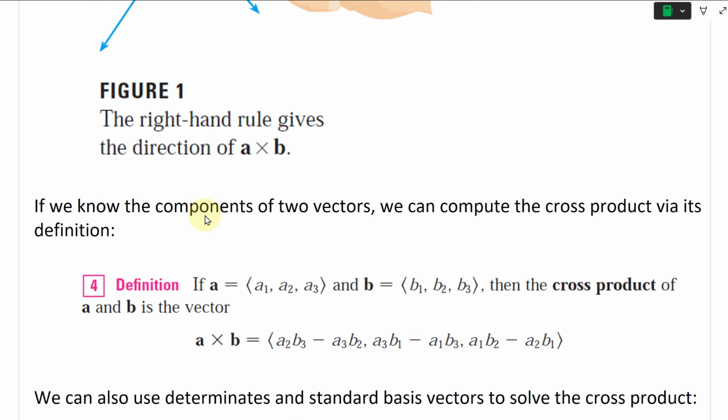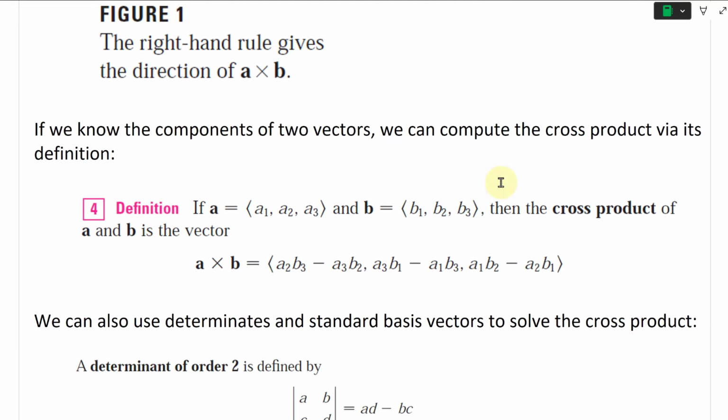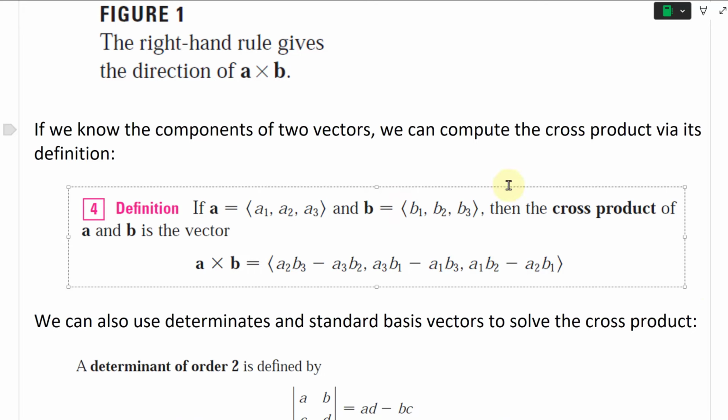But if we know the components of the two vectors, we can compute the cross product via its definition, and that gives you the direction just based on its components alone.